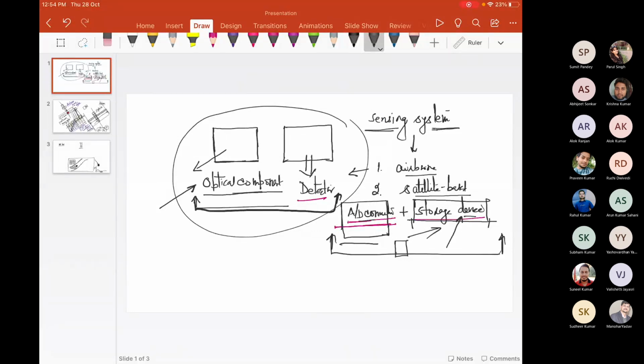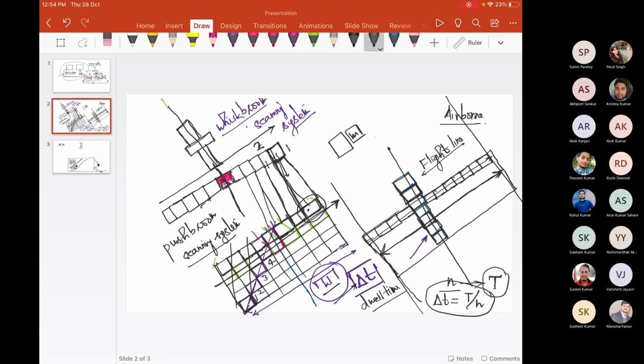But we would like to cover a certain extent of area across the flight line. When you project that trajectory over the ground, as I discussed over here, you need to rotate the optics so that it can swipe from one end to another end to look at different GRCs. So one detector is looking at a different GRC across the flight line in a subsequent time interval. This detector looks at a particular GRC for time delta t.